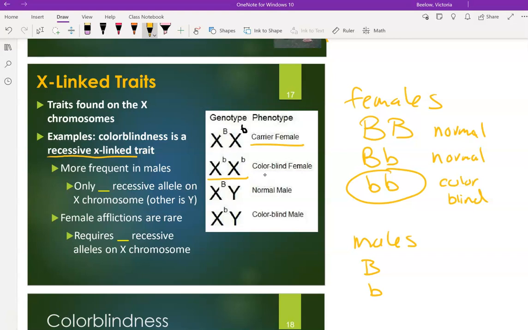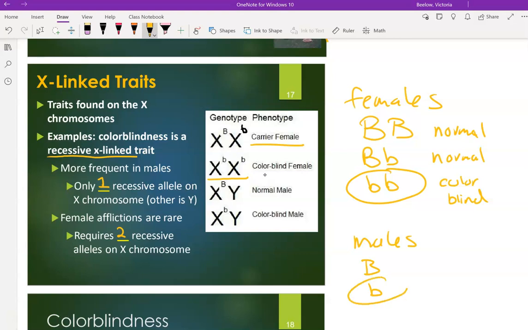Now, it's more frequent in males because only one recessive allele on the X chromosome will display. A male that is colorblind, versus a female, would have to have 2 recessive alleles on the X chromosome.